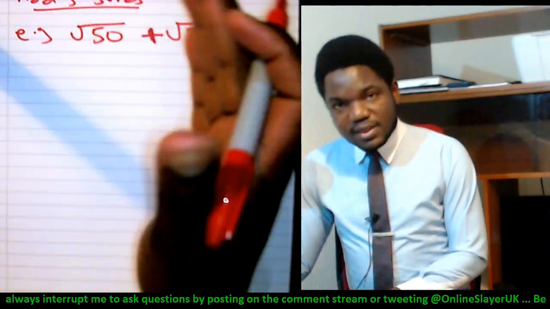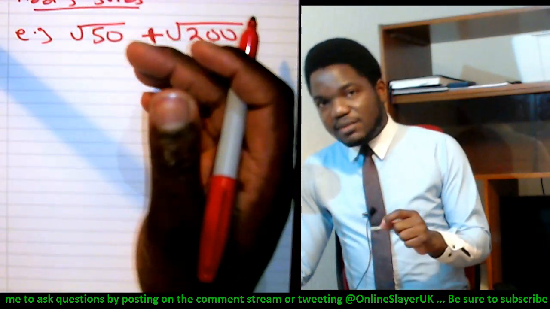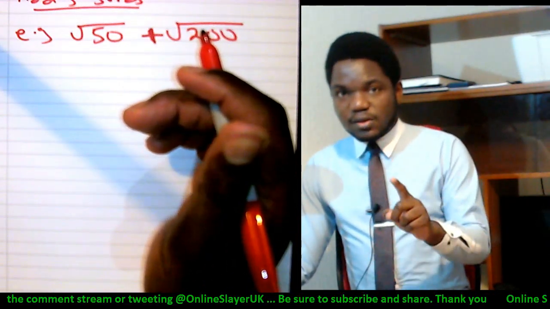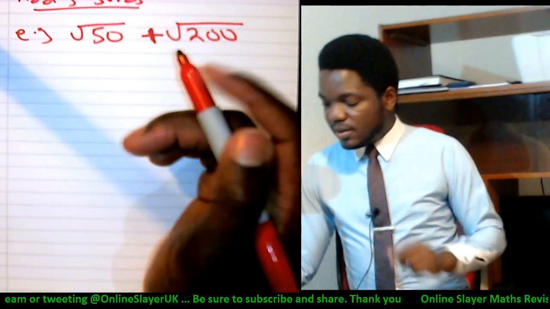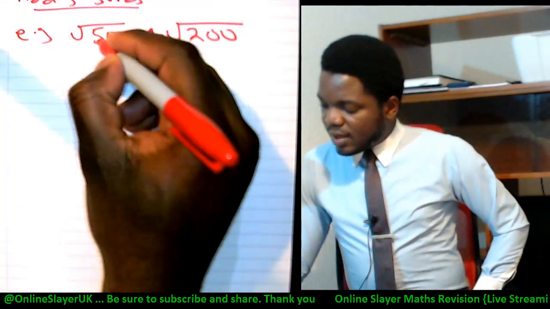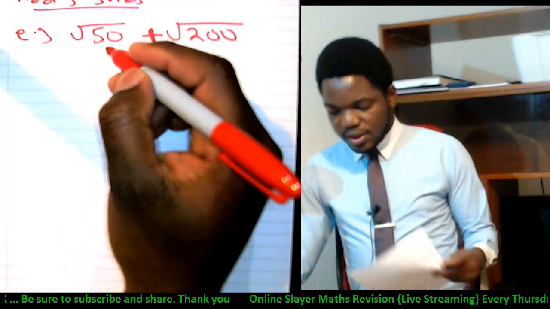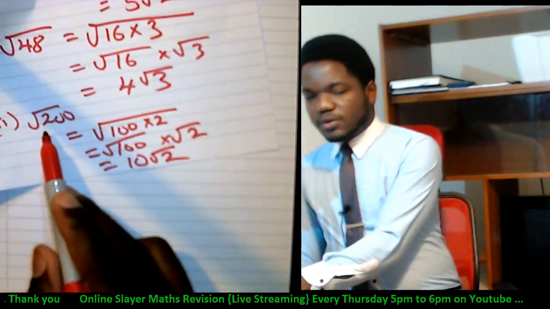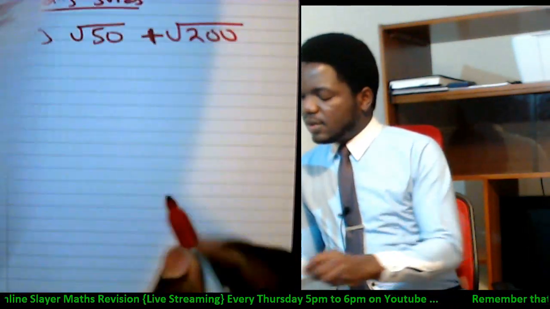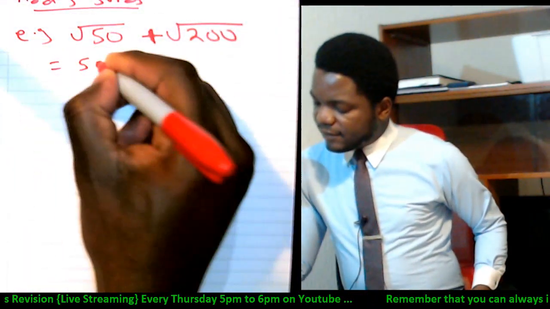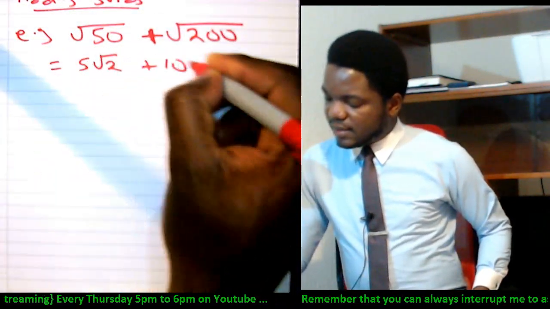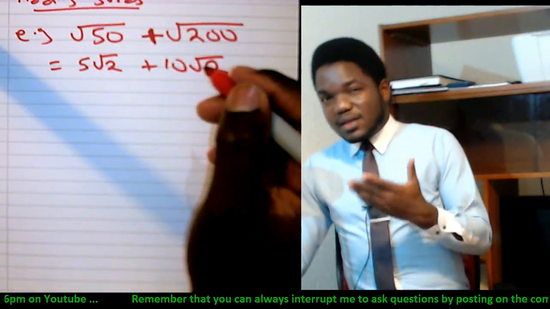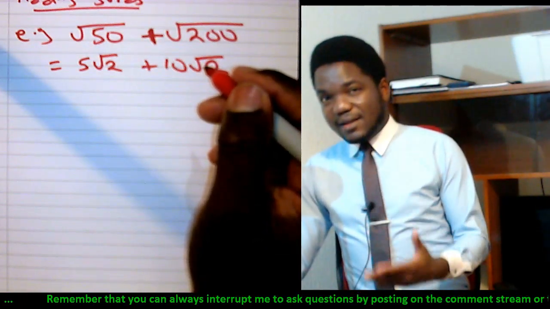So you deal with them separately, and if they have the same surd form, then we can add them easily. If they don't have the same surd form, we cannot add them up. So what do I mean? Square root of 50, we have already shown that that is 5 root 2. Square root of 200 is 10 root 2. So this is 5 root 2 plus 10 root 2. They have the same surd form, so we can add them easily.